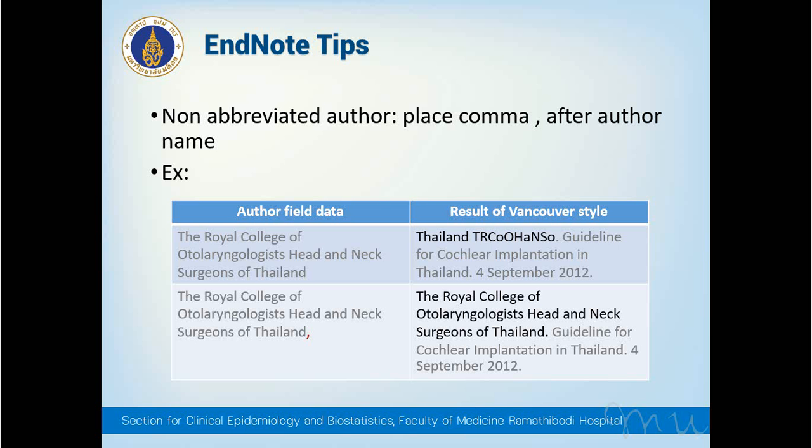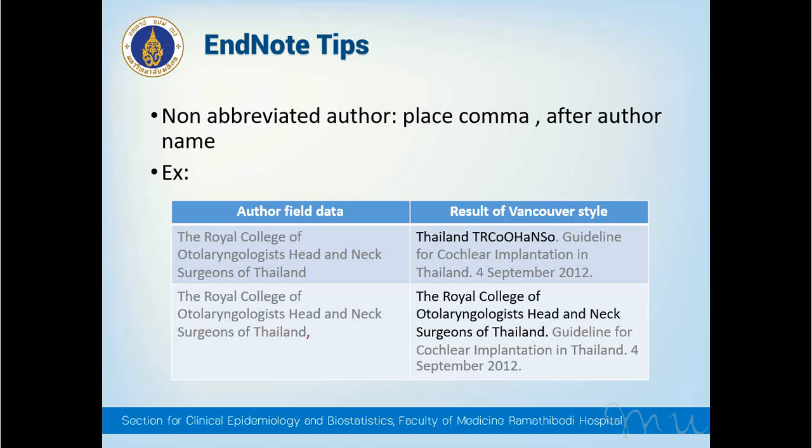And to remind you about some tips, we have some problem with abbreviation, for example abbreviating names that are not people's names, like an organization name. So you put a comma after the other field data.